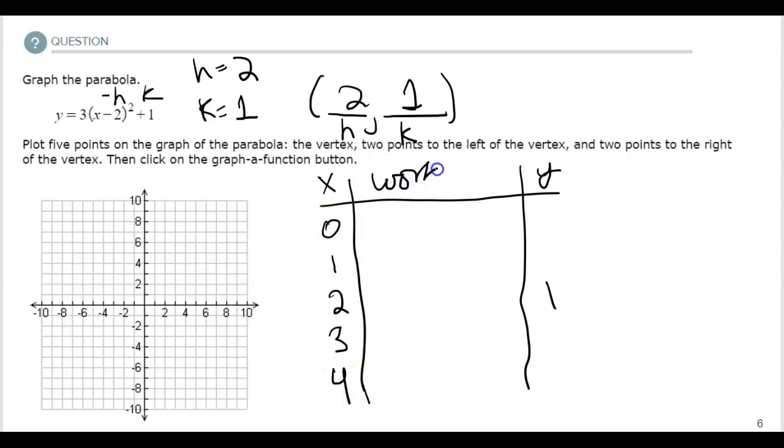And then I'd plug in y equals 3(4 minus 2) squared plus 1. Get out a 13, so I have the point 4, 13.